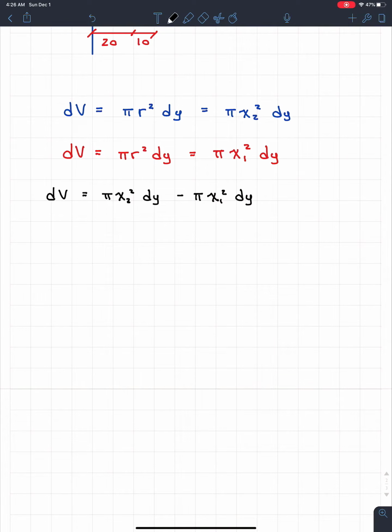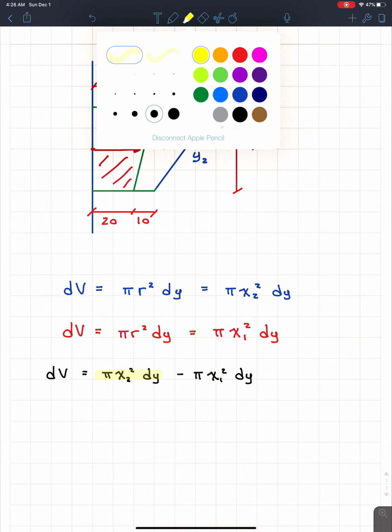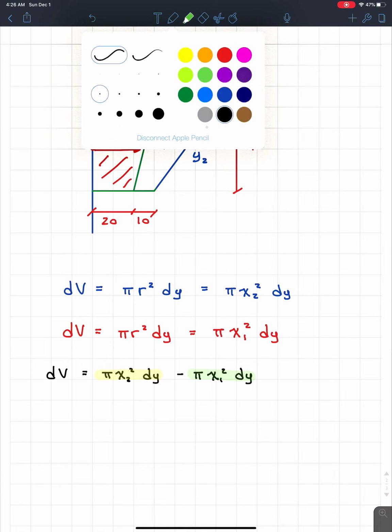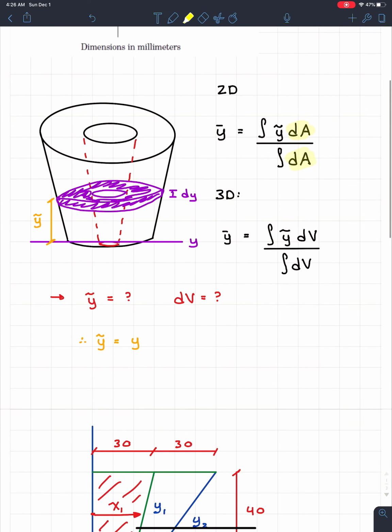This first term is considering the whole slice if there wasn't a hole. The second term is subtracting the volume caused by that hole in the shape. So I'll highlight it differently and we can go through it together. We start with the yellow term, which is the whole slice, everything including the hole.